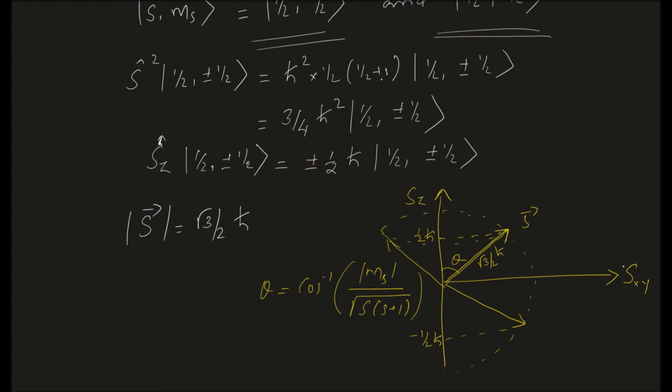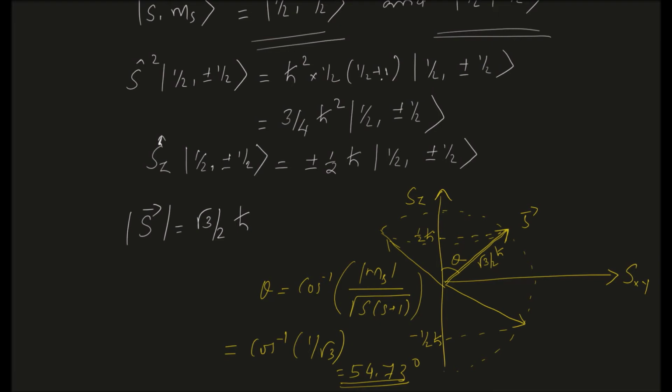For a spin half particle, if you substitute s equal to half and ms either plus half or minus half, you will get cos inverse of 1 by root 3. So this angle will be 54.73 degrees. This is the graphical representation of the spin angular momentum.